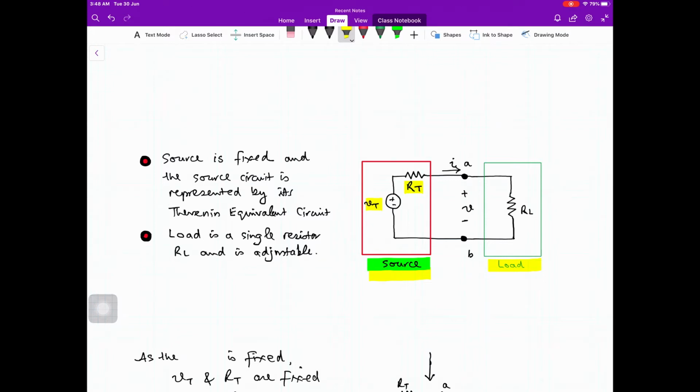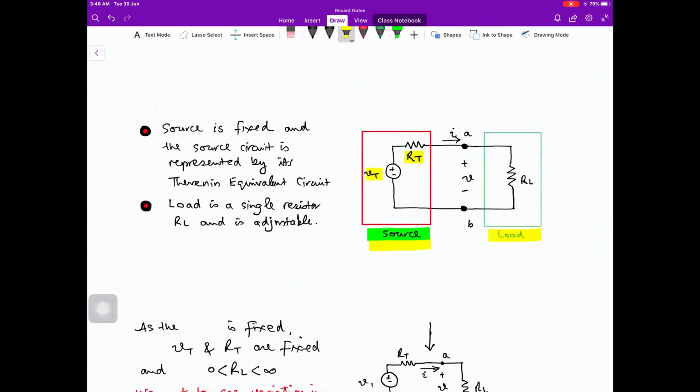Here we are discussing a case when the source is fixed. Nothing can be changed in the source, and we can change the load only. The load can be changed by using an adjustable resistor.